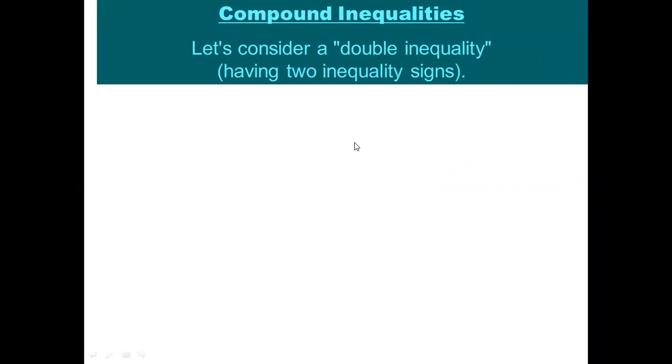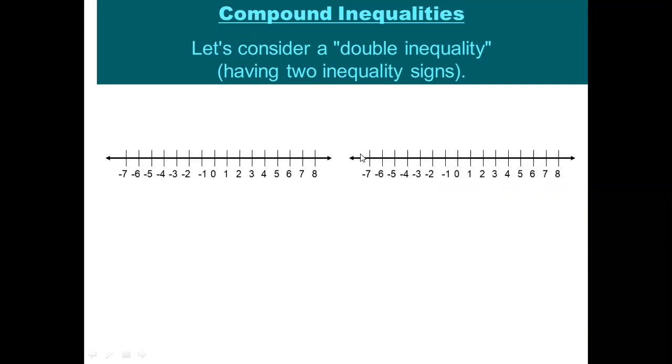Now let's consider the double inequality having two inequality signs. See here, this open circle, the blank circle, represents that -2 is not included in the interval, while this dark circle represents that 3 is inside the inequality.